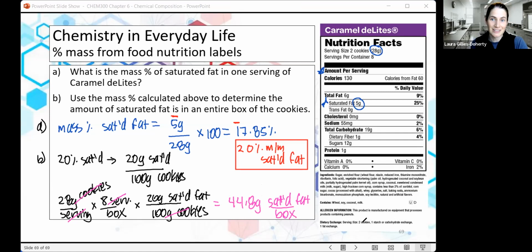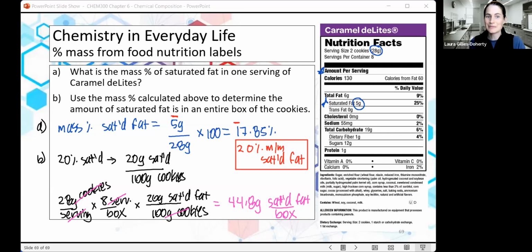If anybody knows how much saturated fat is recommended per day, that's over 2 times the daily recommended amount. So I'm going to try to abstain from eating an entire box of Caramel Delights in one day, which I certainly have in my lifetime, because it would be about 2.5 times my daily recommended amount of saturated fat.